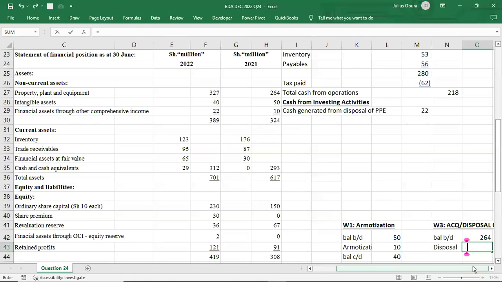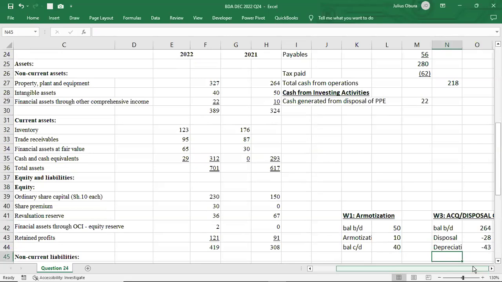The disposal at the net book value was 28 million, so we subtract our disposal. Then we check depreciation. We were given a depreciation of 43, so we subtract the 43.